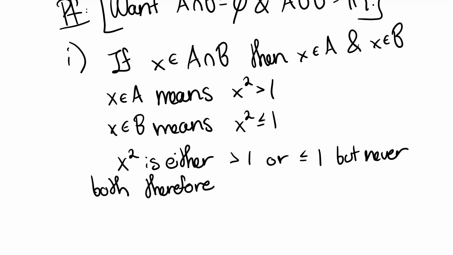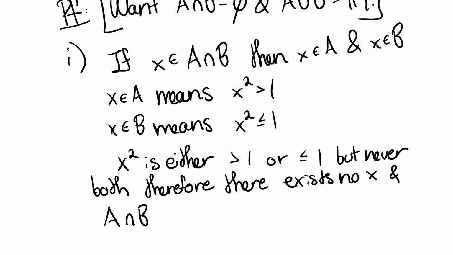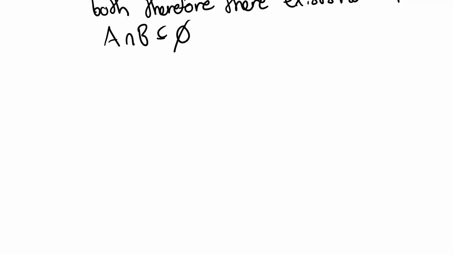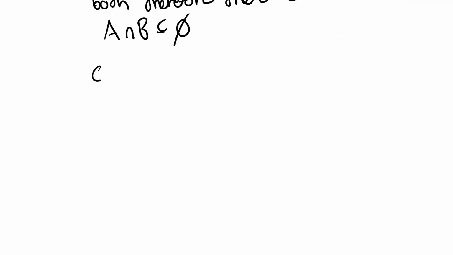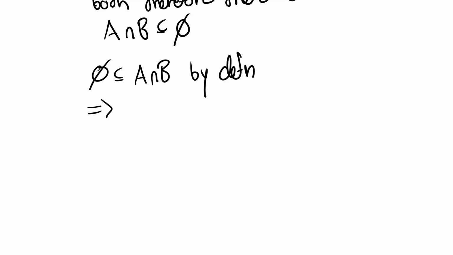Therefore, there exists no X. And A intersect B is a subset of the empty set. And then we would say the empty set is a subset of A intersect B. I don't know, by definition? I'm not sure. Therefore, the empty set equals A intersect B.